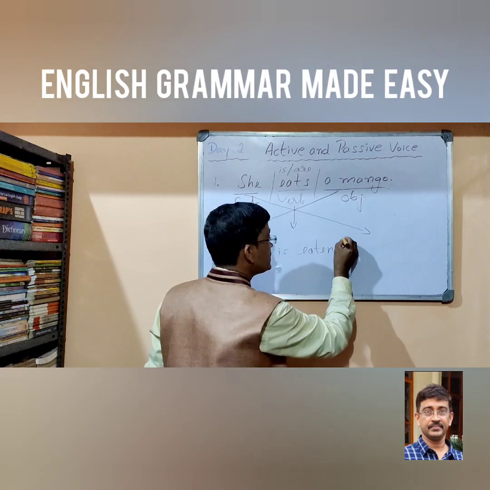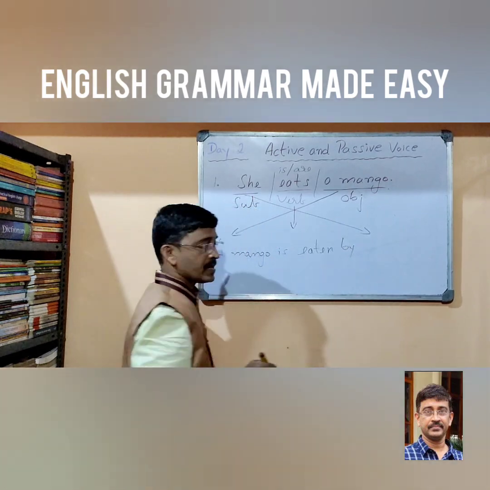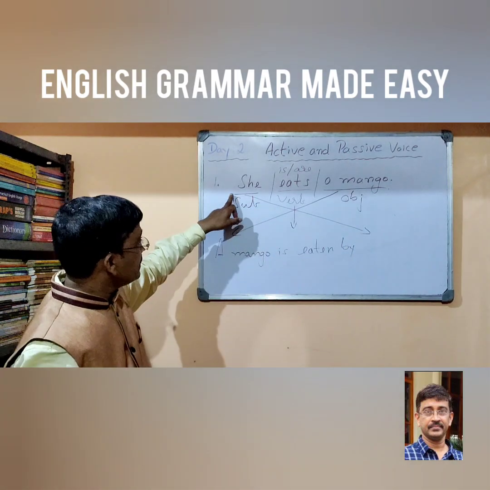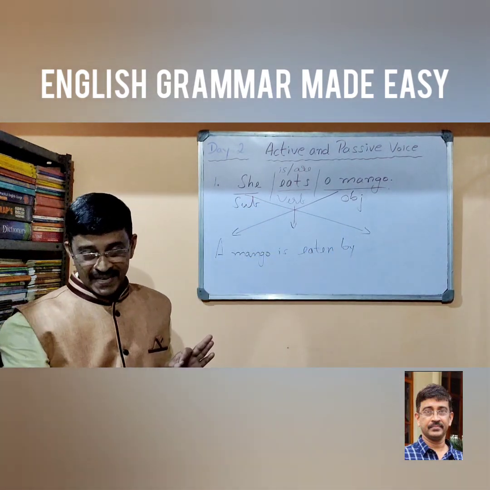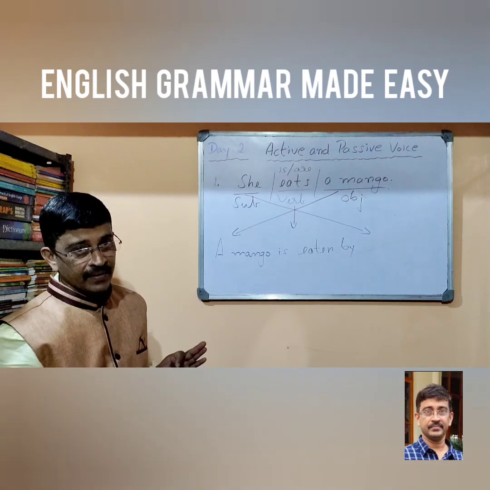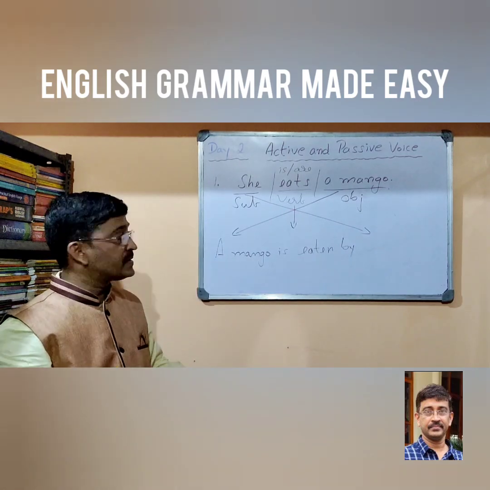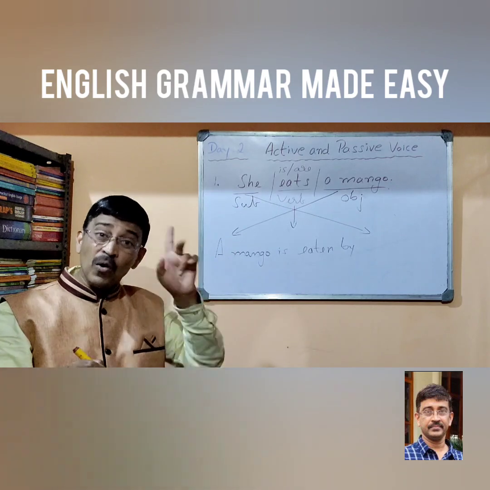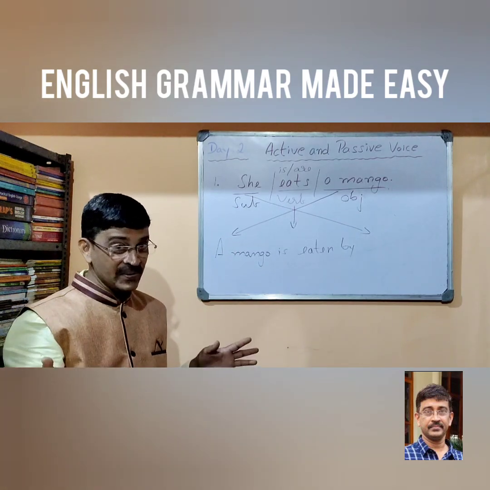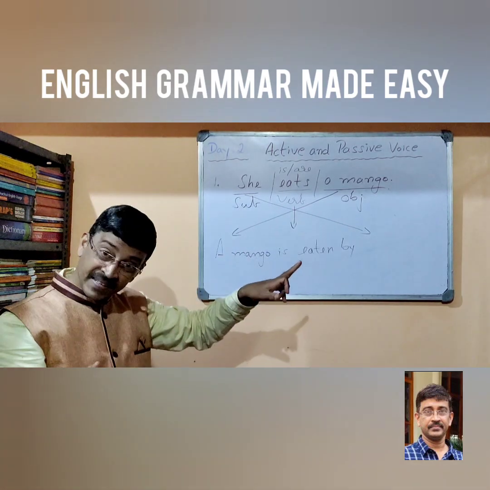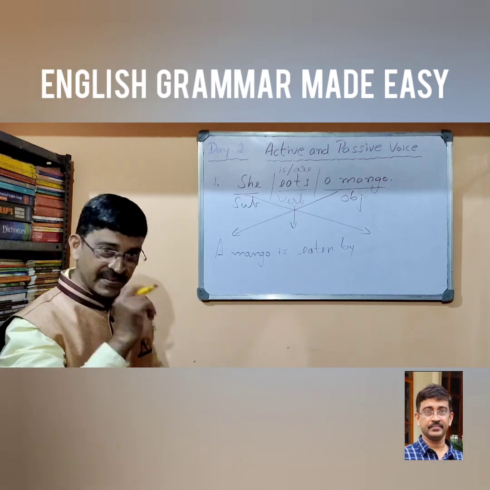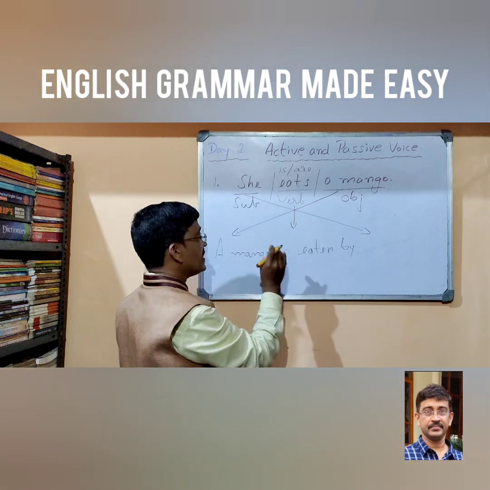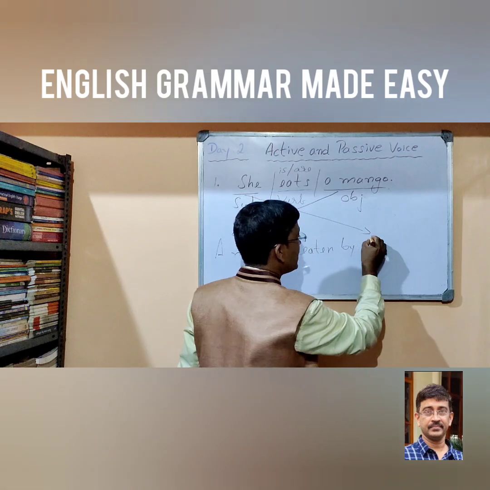Take the preposition, this is very very important, by. Then the subject goes last and becomes an object. When it becomes an object, you have to convert it into objective case. That's what I told you. So she becomes her. Very good. A mango is eaten by her.